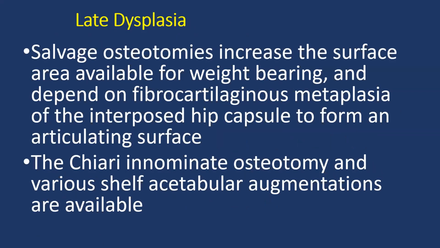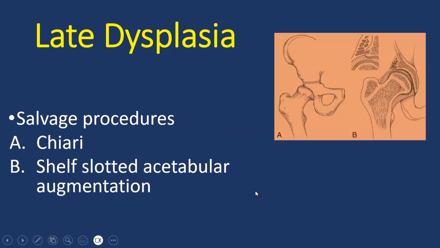Salvage osteotomies increase the surface area available for weight bearing and depend on fibrocartilage metaplasia of the interposed hip capsule to form an articulating surface. The Chiari osteotomy, innominate osteotomy, and various shelf acetabular augmentations are available.